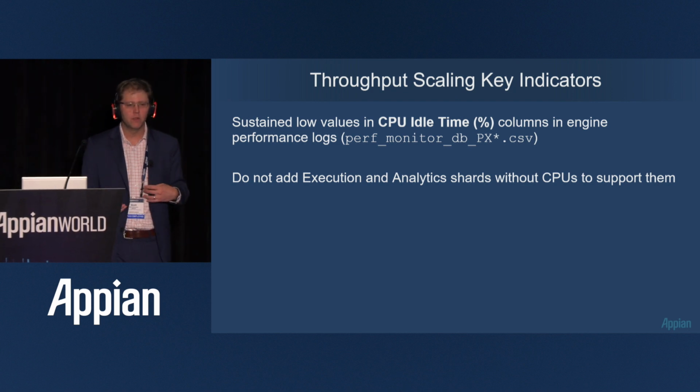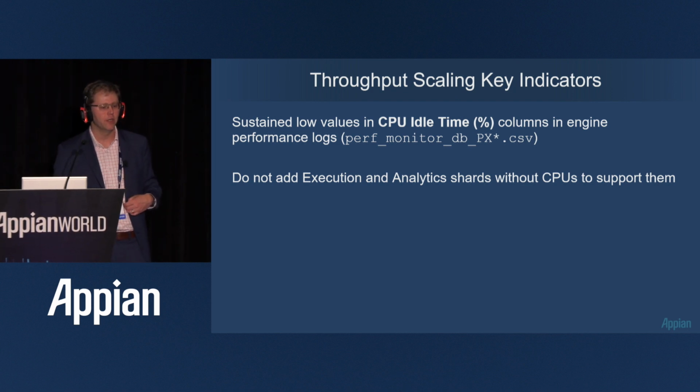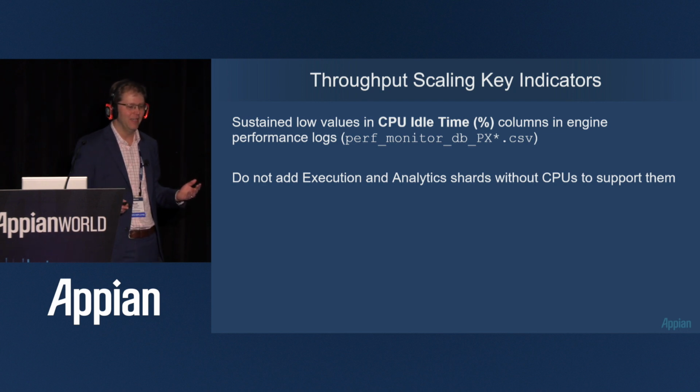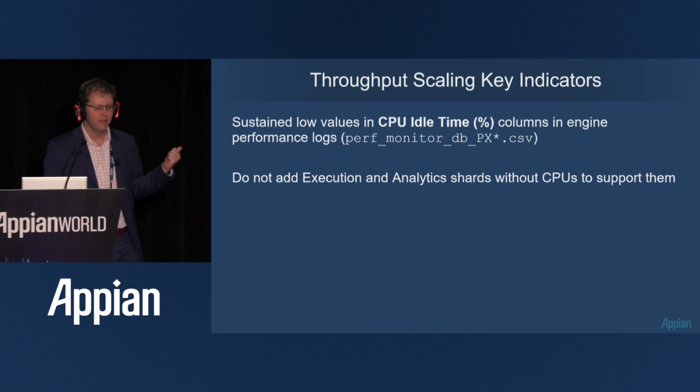There's one of those for each shard, for each execution shard. And so if any of those are showing sustained periods of low values of the CPU idle time, so that is how much CPU is just waiting for work. If the CPU is never waiting for work, then it's very busy all the time. And so you'll be a candidate for throughput scaling.